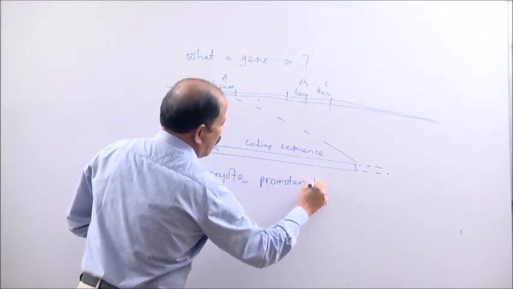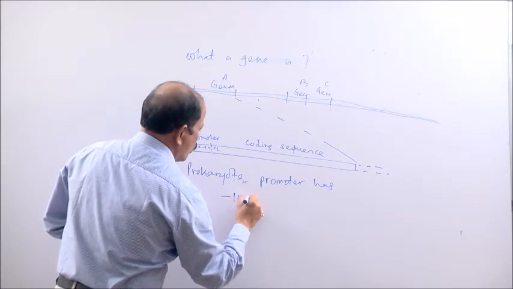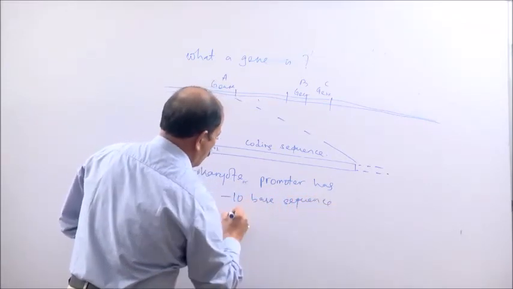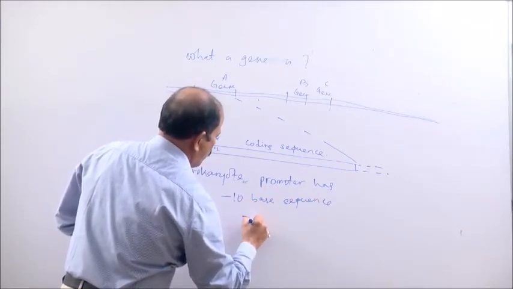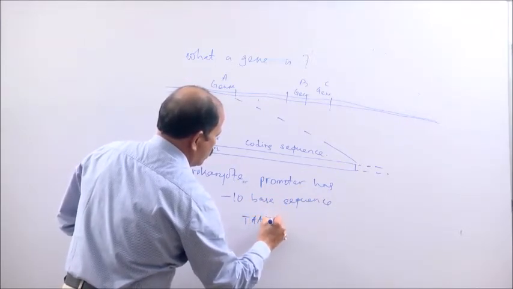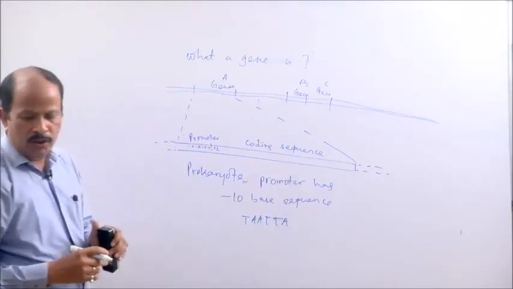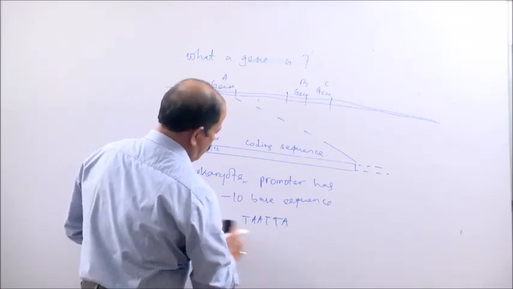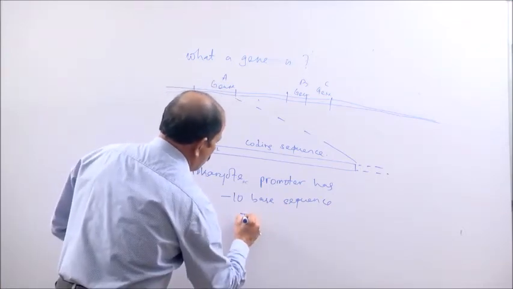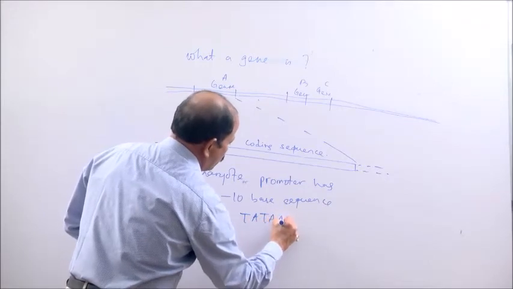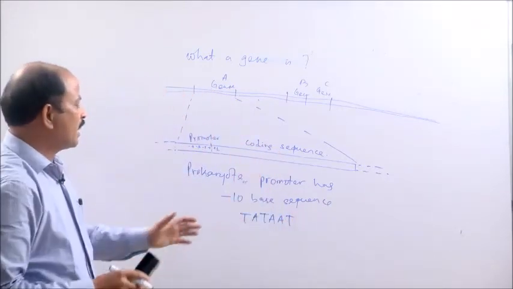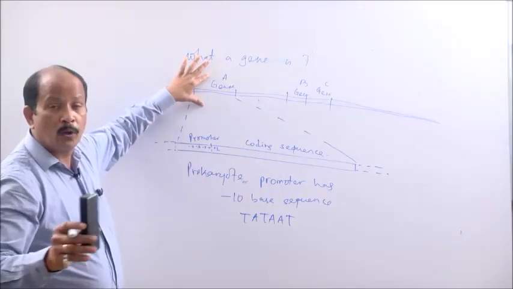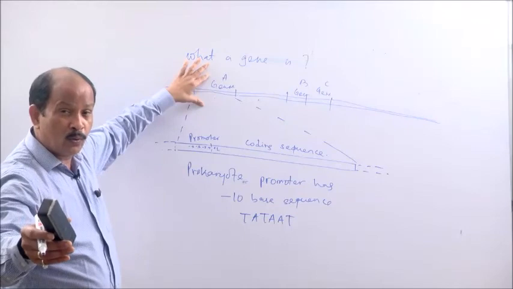The promoter has a -10 base sequence, that is TATAAT, like this. And that is called the Pribnow box.